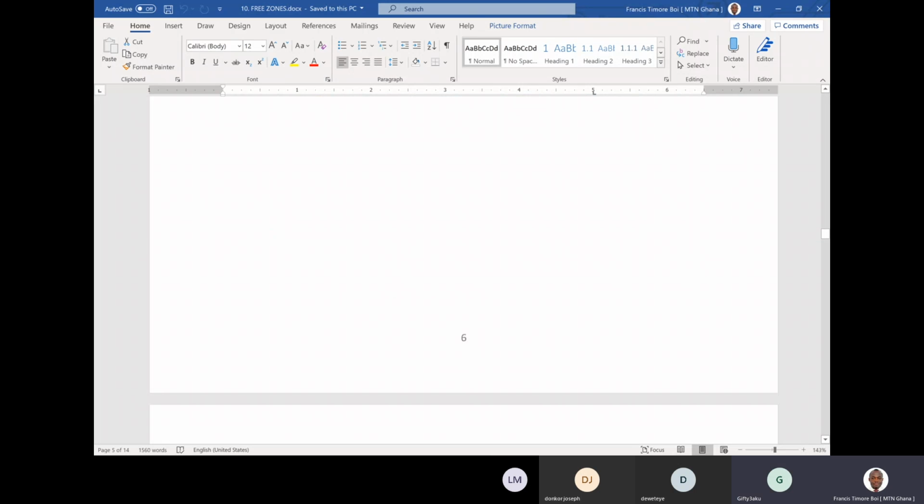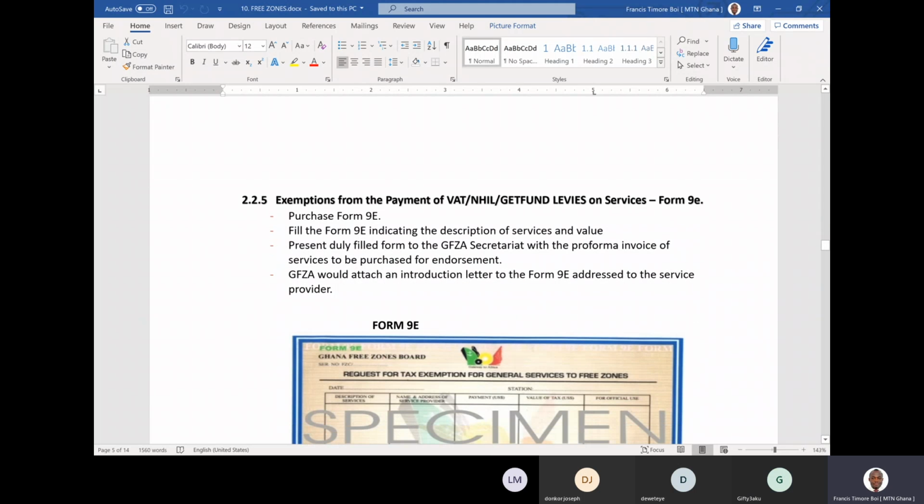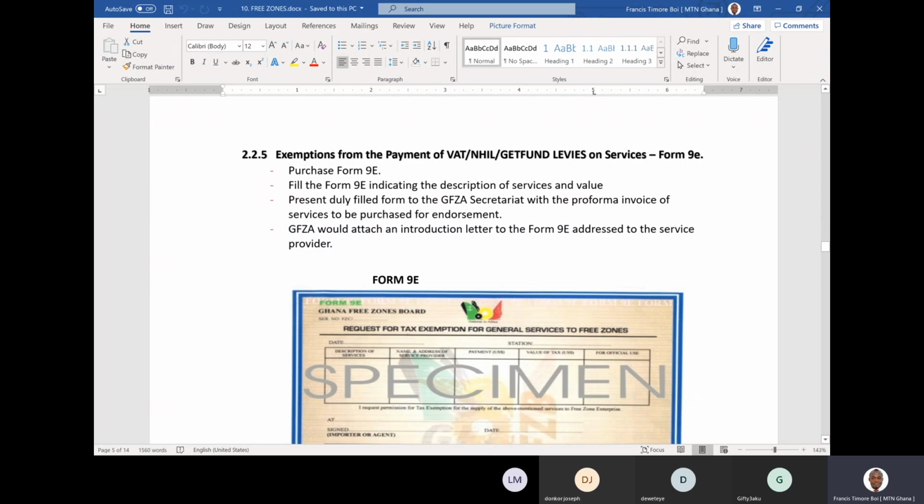So if it is Togo, Aflao border, you send it to Aflao. If it is the Tema port, you indicate that the car is coming from the Tema port. Then at that point, they will exempt the taxes.